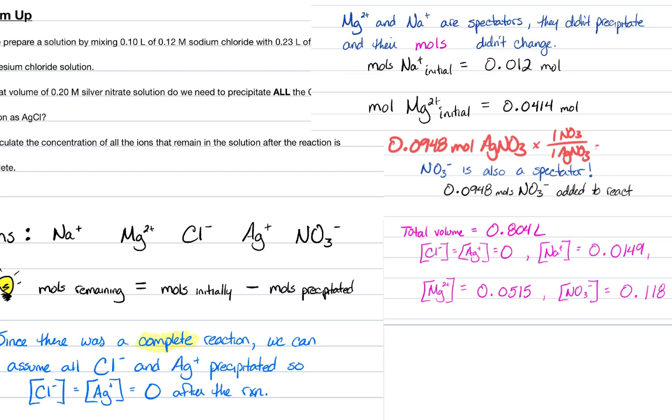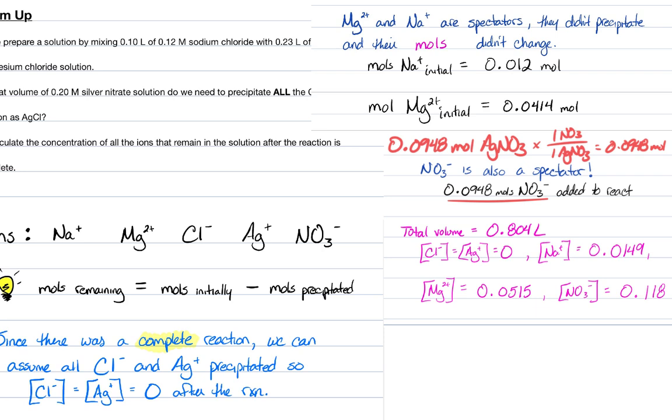It's a 1-to-1. So you get 0.0948 moles of nitrate as well, which is what I have here, right? So again, we had all these numbers already in our calculations for part A. You just have to go up there and figure out which one you need, right? You could also redo the math, but we work smart, not hard around here.